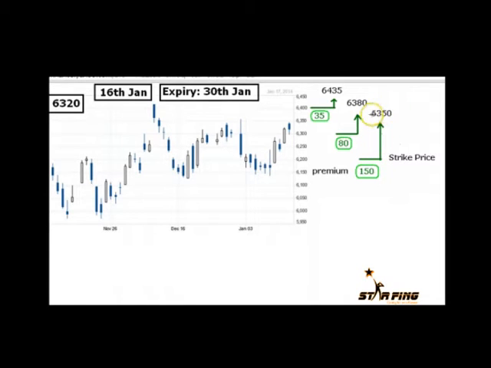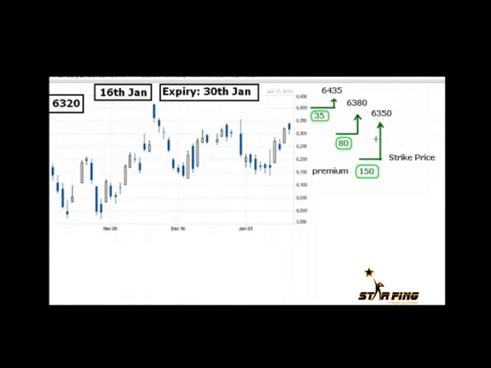So 6350 I expect the markets to go, while the spot price is 6320 currently, which means I expect a further upside of 30 points in the next 12 days. And if tomorrow or on Monday the market opens on the positive side, this premium will go up further.